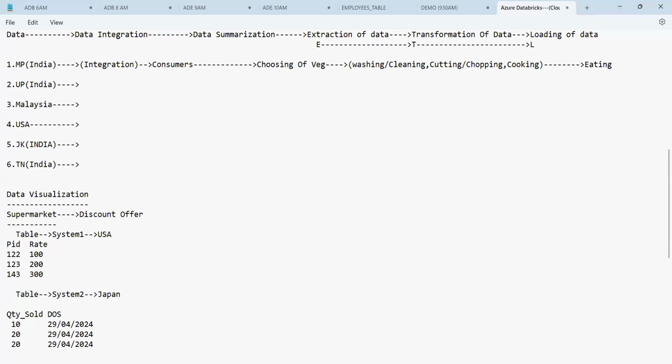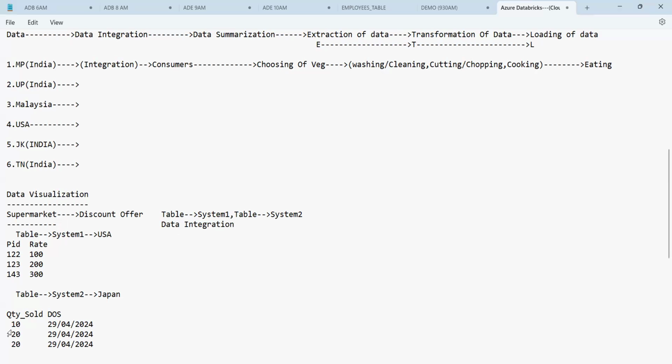So system number one and system number two, you will get the data here. Whenever you want to get this data from two different systems, we perform the process of data integration. We integrate the data.